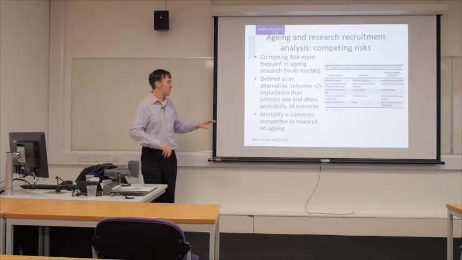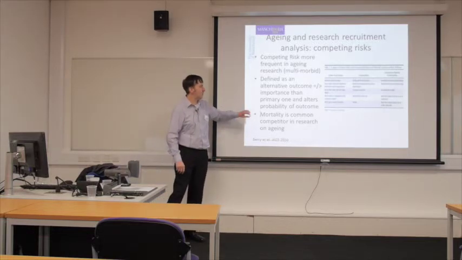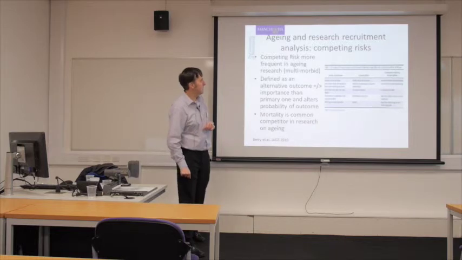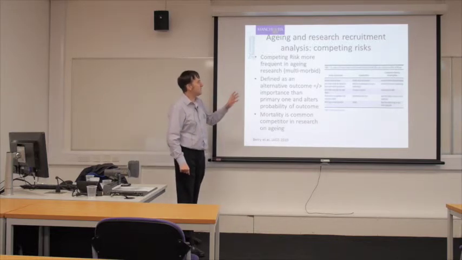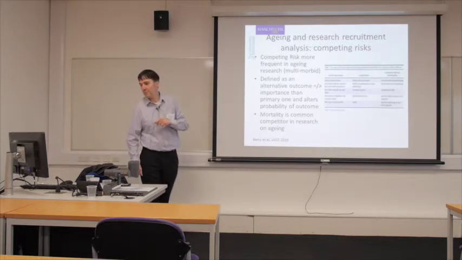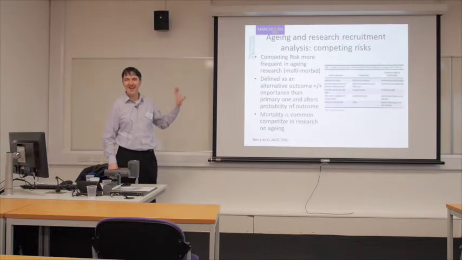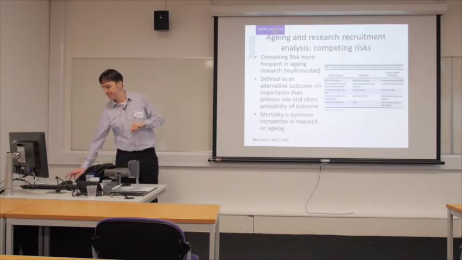And this is, for aging, usually mortality. You can see a number of risks I've put in there that are competing risks in aging studies, but death is the common one.